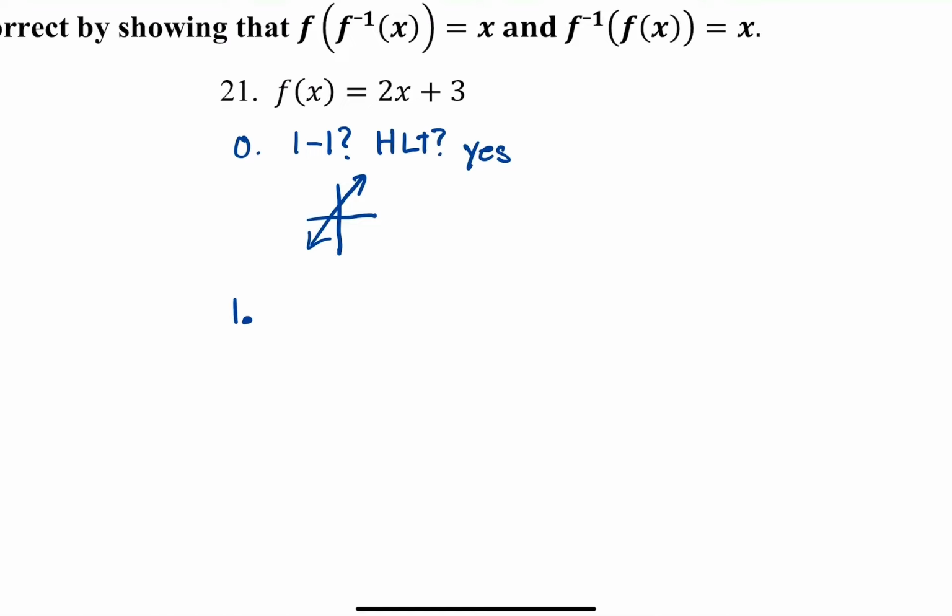So the next thing we'll do, step 1, is rewrite this as y equal to 2x plus 3. Then the next step, you'll switch x and y. I'm going to get rid of the numbers right here just so we don't have too much clutter. So notice x goes here, y goes here, but everything, including the equal sign, the 2, and the 3, all stay where it was.